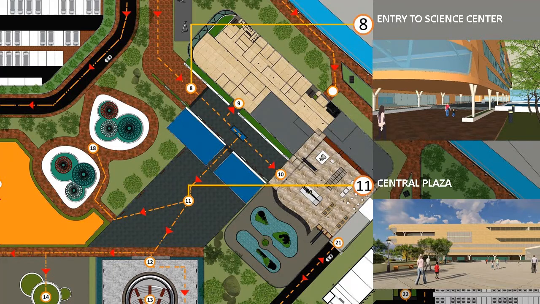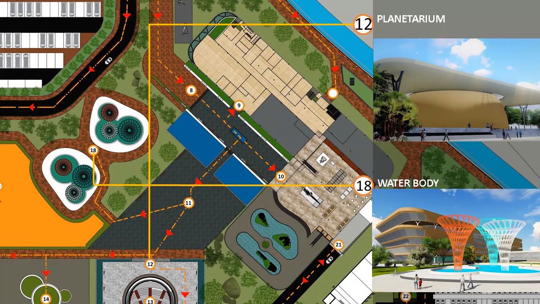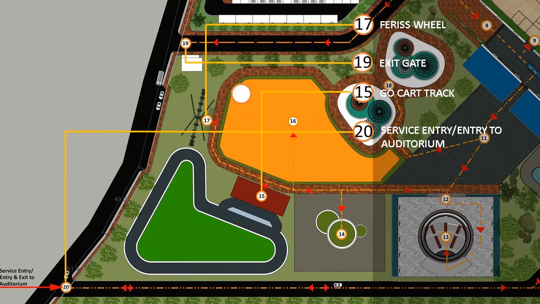The entry to the science center, the central plaza. Planetarium and the water body. The Ferris wheel, exit gate, go-kart track, service entry to the auditorium, and also to the science center.